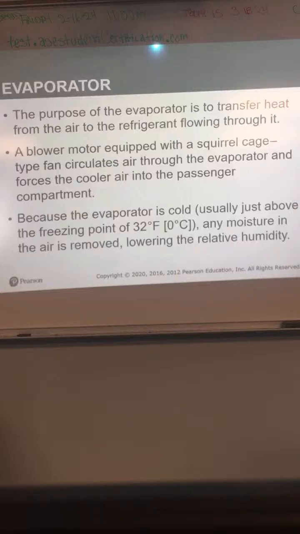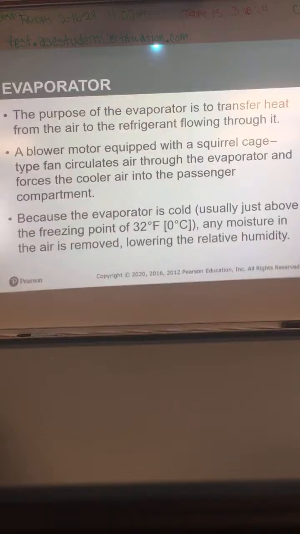The purpose of your evaporator is to transfer heat from the air to the refrigerant flowing through it. Your blower motor works for both the heater and the air conditioner. There's only one, and it works for both, unless the car has a rear climate control system, in which case it's going to have two blower motors, two heater cores, two evaporators, all of that.